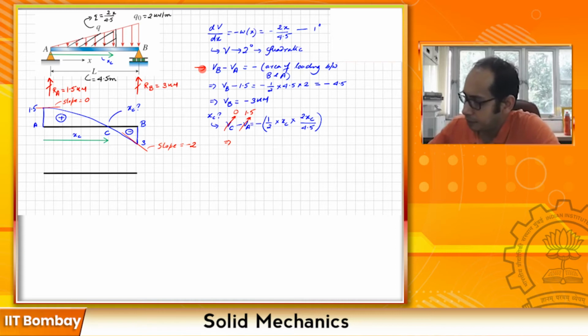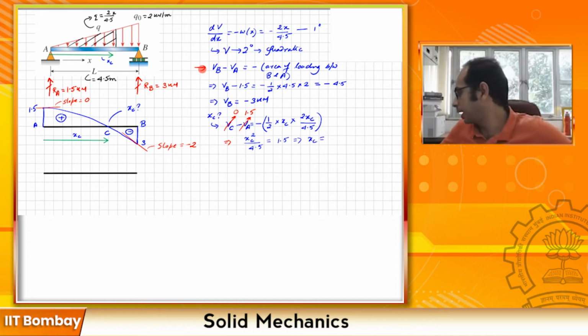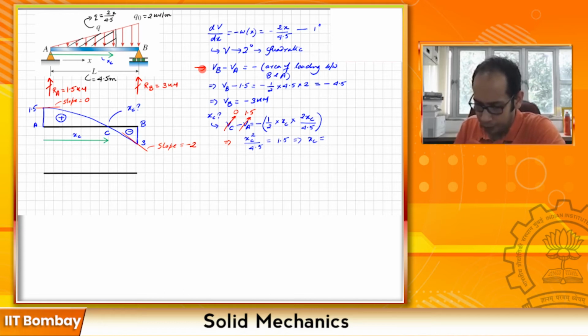So I have that XC squared divided by 4.5 is equal to 1.5. That gives you the value of XC. Let's calculate that. It is the square root of 4.5 times 1.5, that is 2.6. So XC is 2.6 meters.